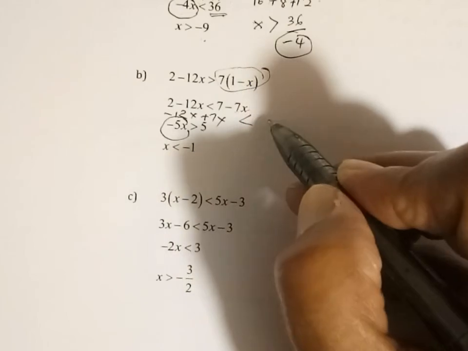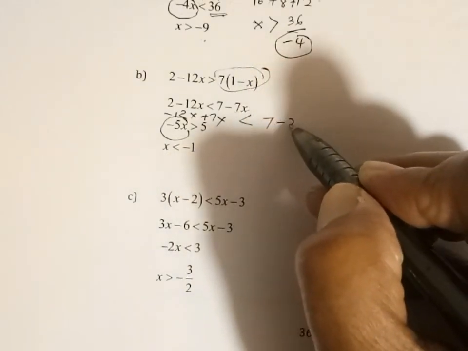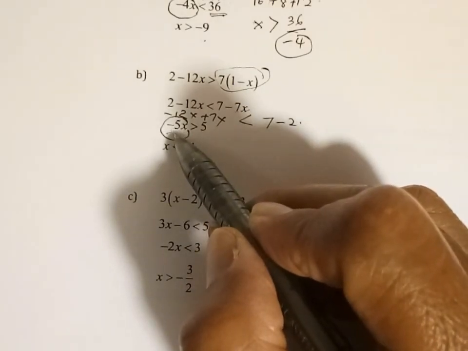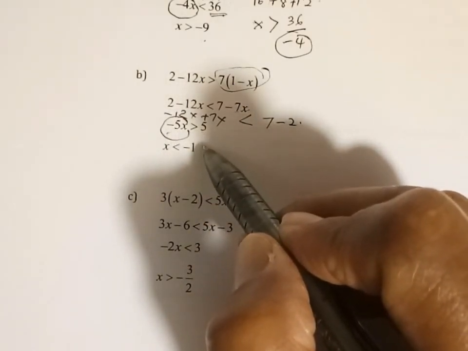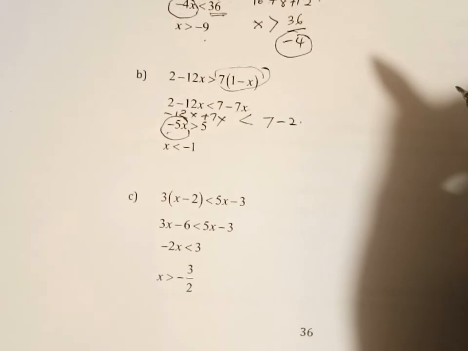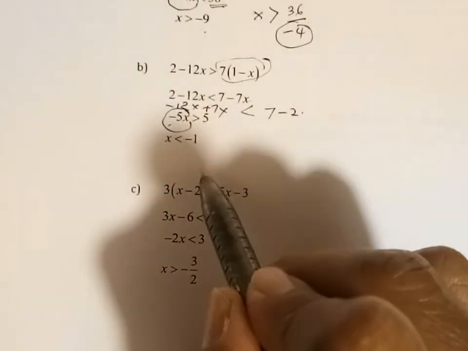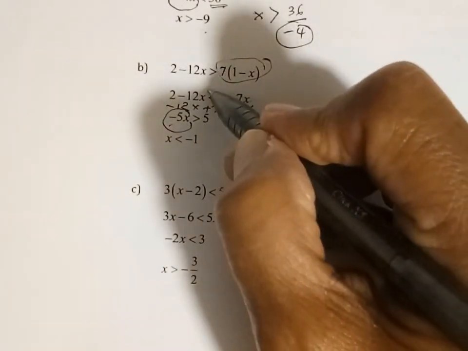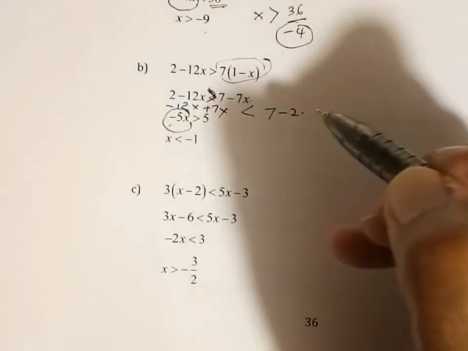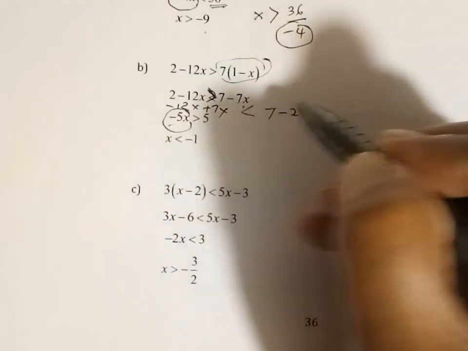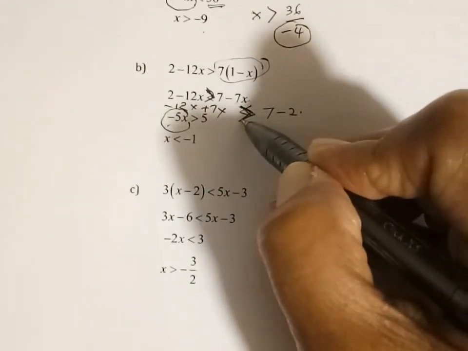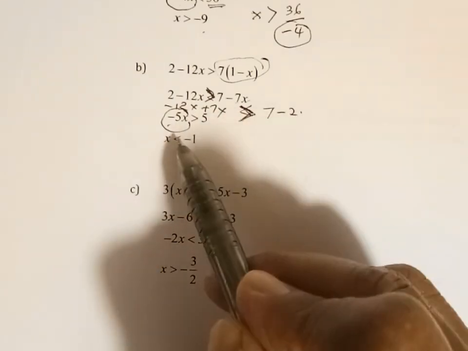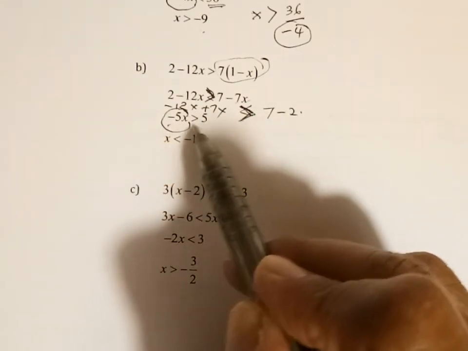On the right side is 7 minus 2. This should be greater, so minus 5x greater than 5.